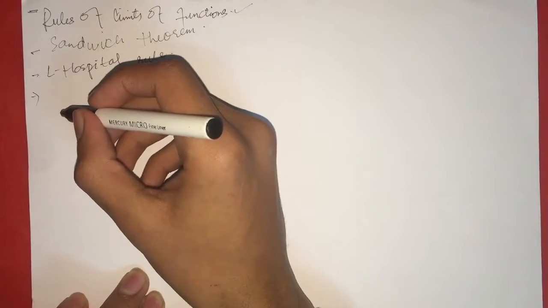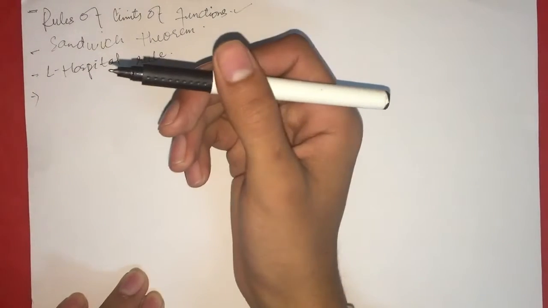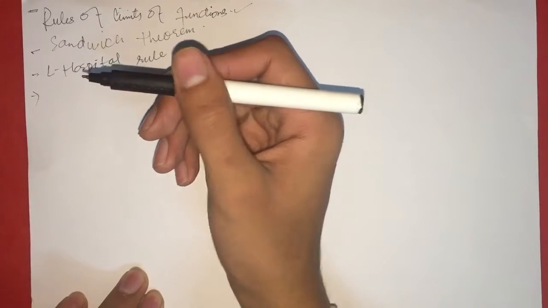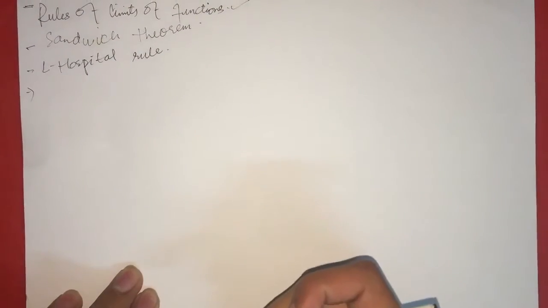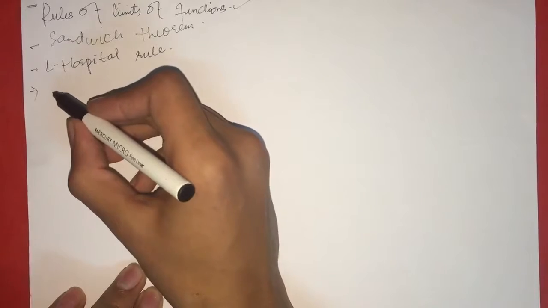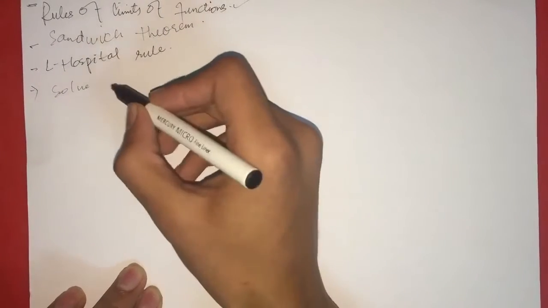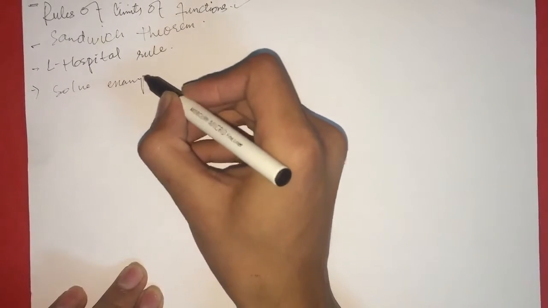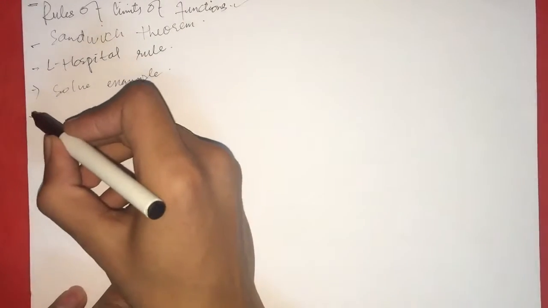We are going to discuss how to solve limits when it's not directly solvable, meaning it gives you an undefined answer. So I'm going to solve an example.